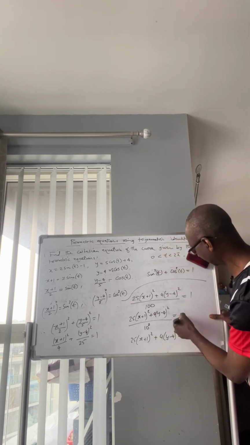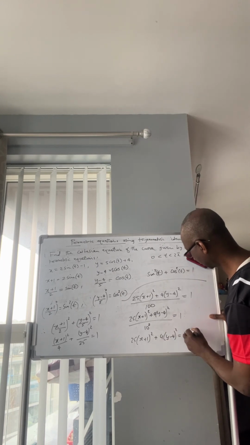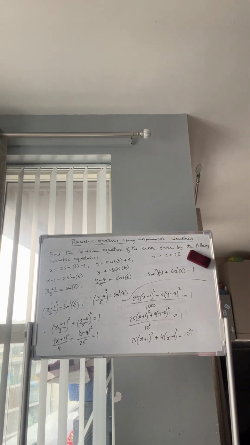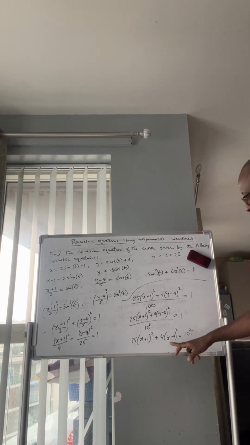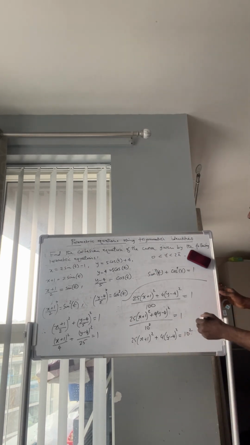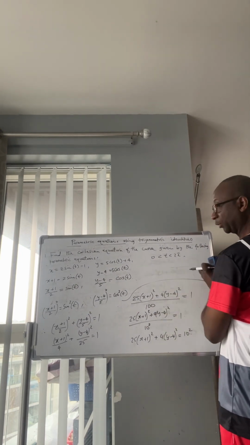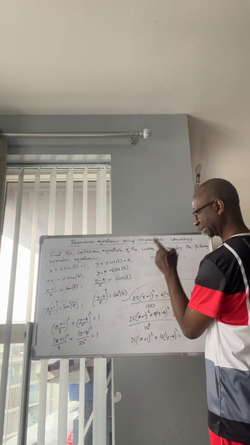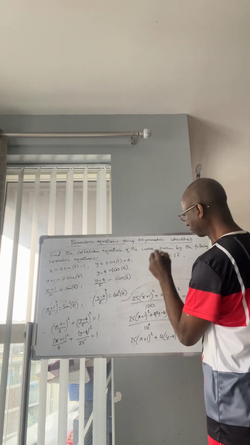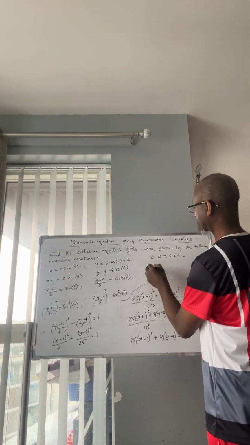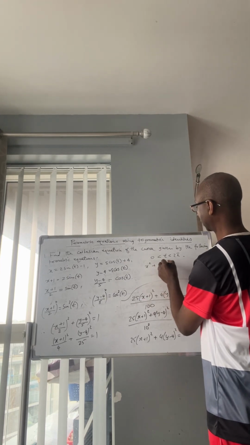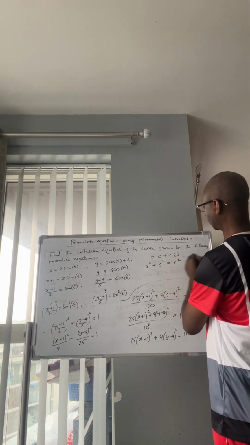If you want equals 10 squared, it's also accepted. Why do I want to leave it as 10 squared here? Let me write it here. You know the equation of a circle centered at the origin is x squared plus y squared equals r squared.